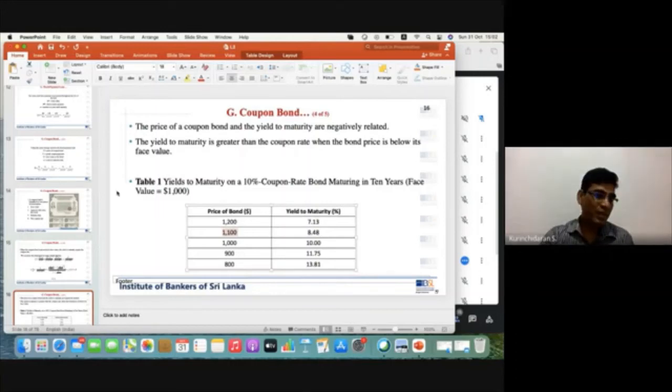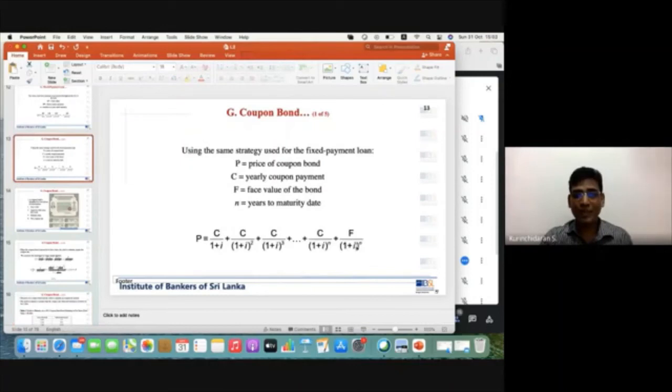So if you go back to this formula, the face value is 1,000, but here you are paying 1,100. That means you pay more. So what happened to your yield now? Will you earn more than your coupon rate, equal to the coupon rate, or less than your coupon rate?